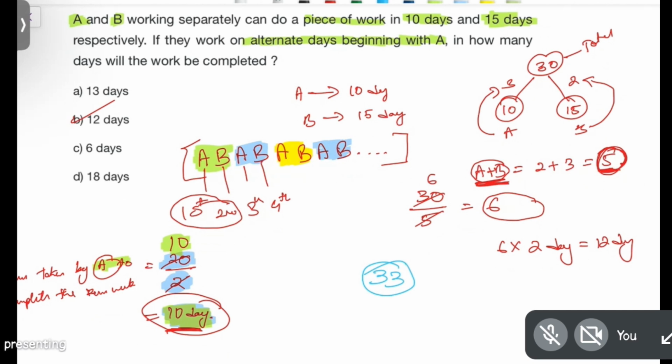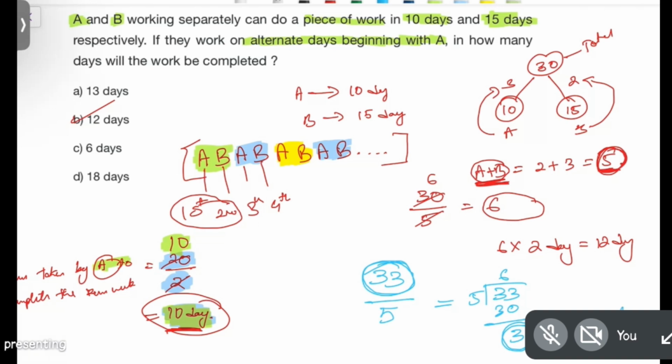A and B together, I'm talking about 2 days, they are doing 5 pieces of work. So what I'll do is divide by this. 33 divided by 5 gives me 6, 5 sixes are 30, and there's a remainder of 3. That means the remainder that I'm having here is nothing but the remaining work.